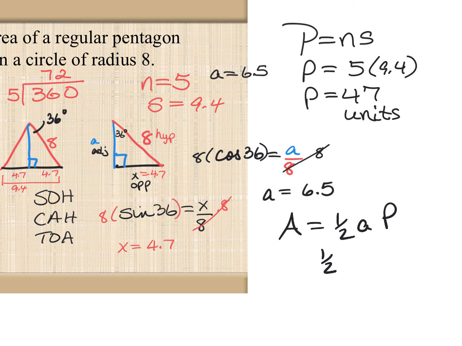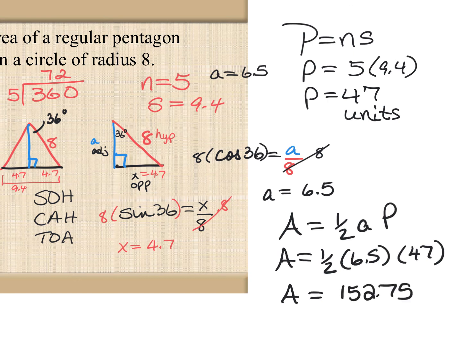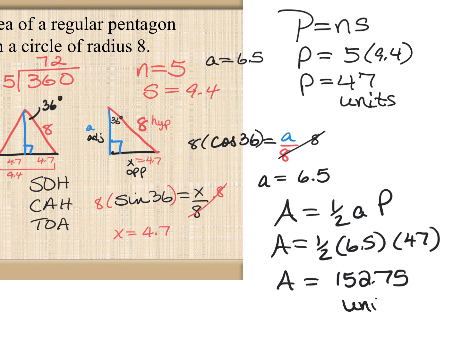My apothem I found to be 6.5, and the perimeter was 47. Go ahead and multiply those 3 numbers, and you're going to get 1/2 times 6.5 times 47 gives you 152.75, and these are units squared.